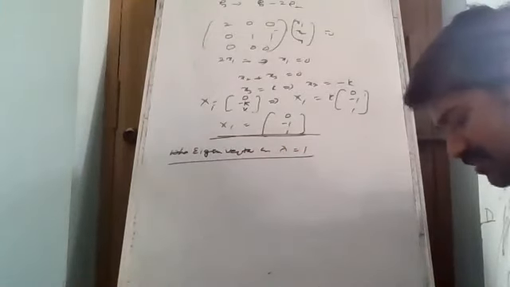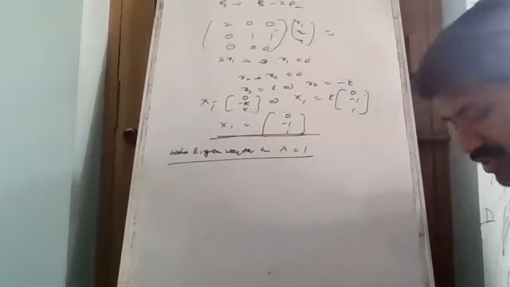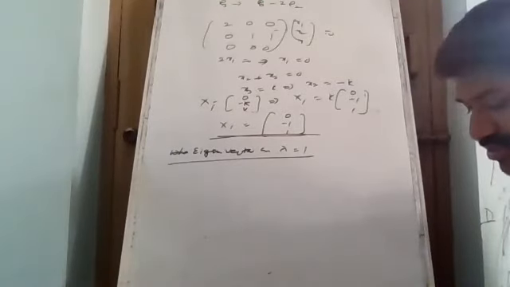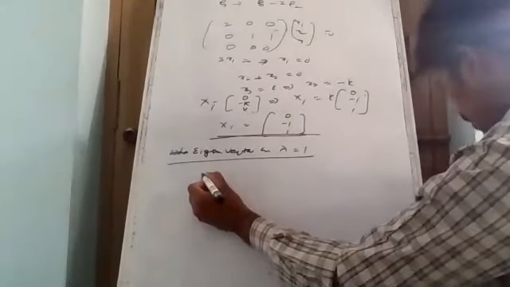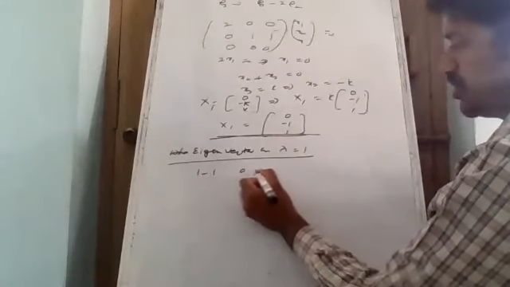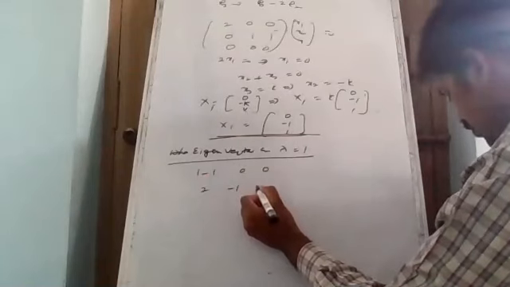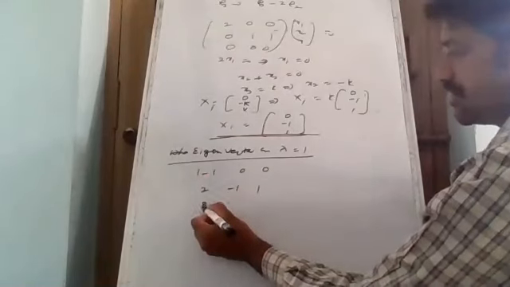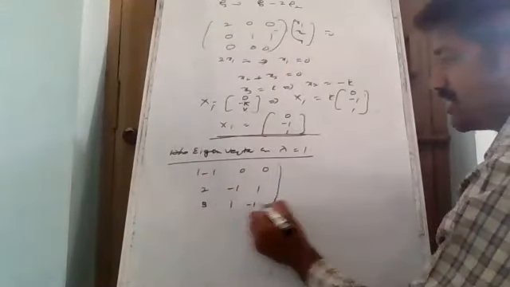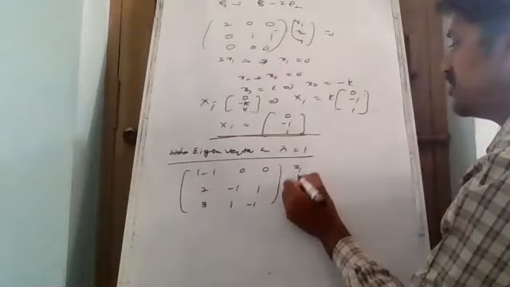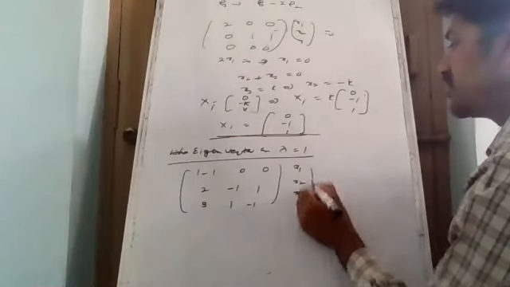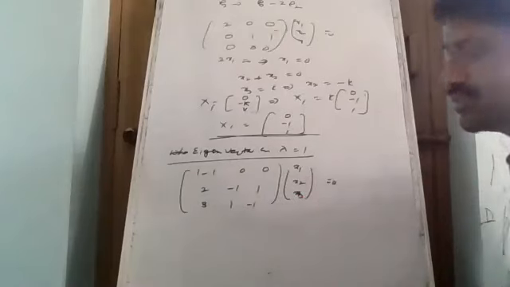So in equation 1 we have to replace lambda is equal to 1. So we get 1 minus 1, 0, 0, 2, 1 minus 1, 1, 3, 1, 1 minus 1 into x1, x2, x3 is equal to 0.